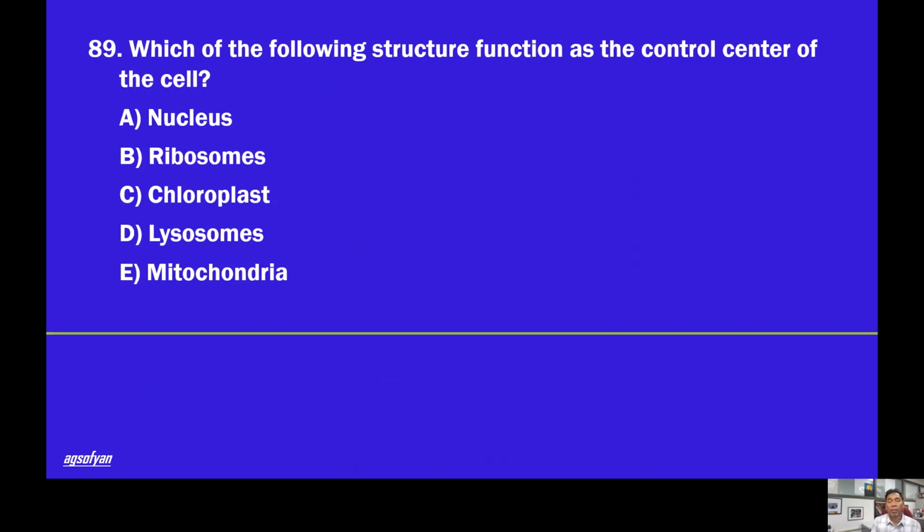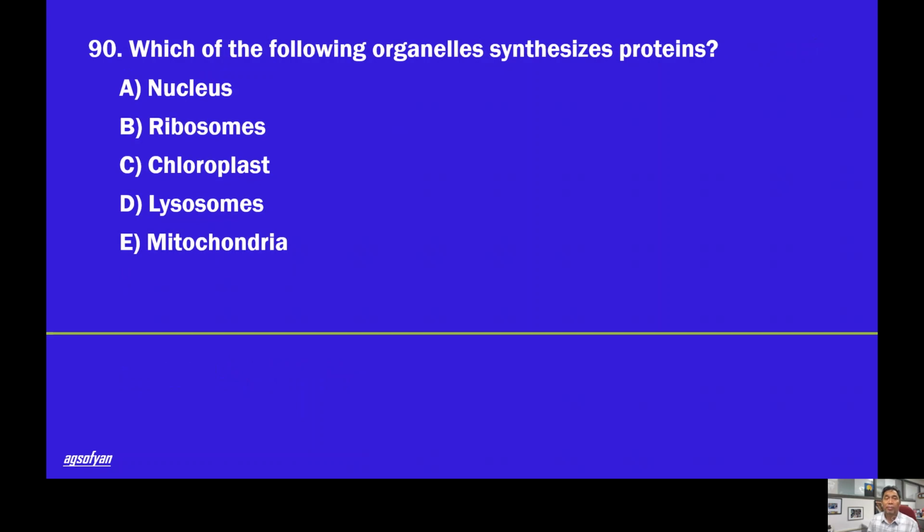89. Which of the following structures functions as the control center of the cell? Nucleus, ribosome, chloroplast, lysosome, mitochondria. Choose your answer. Yes, the answer is nucleus. Nucleus is the control center of the cell. 90.